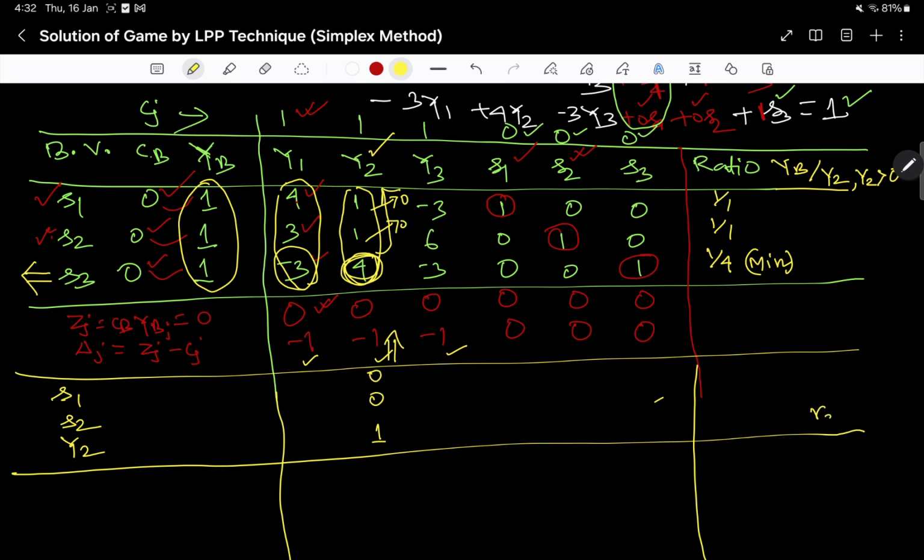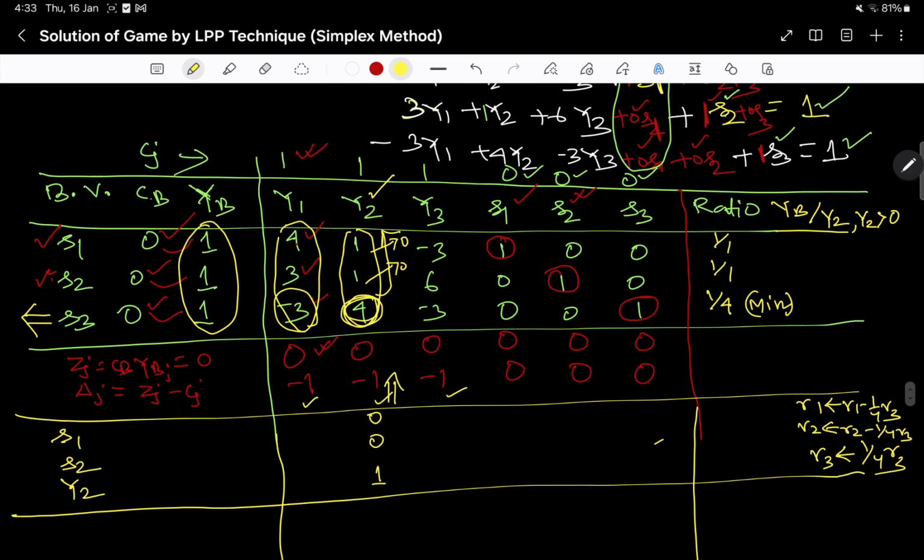My third row R3 is replaced by 1 by 4 R3, then only it will be 1. R1 is replaced by R1 minus 1 by 4 R3, and R2 is similarly replaced by R2 minus 1 by 4 R3.